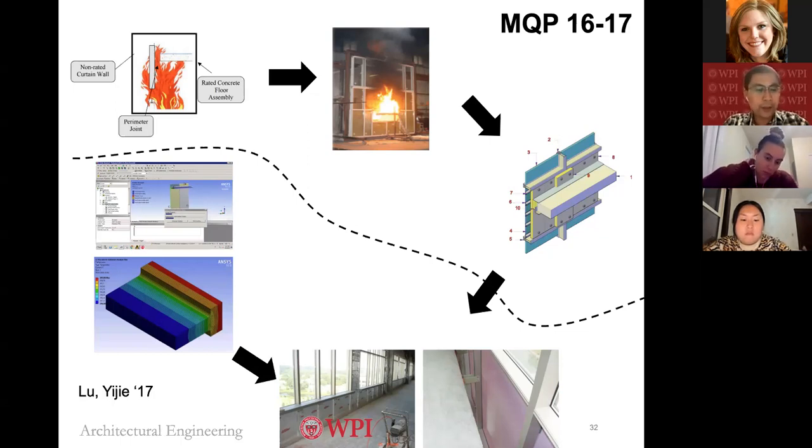So this is one MQP project. They looked at different materials and different constructions of the envelope, and they simulated and also tested the fire resistance of the envelope design in a real fire chamber. At WPI, there is a facility where you can basically burn furniture, or burn a small house.